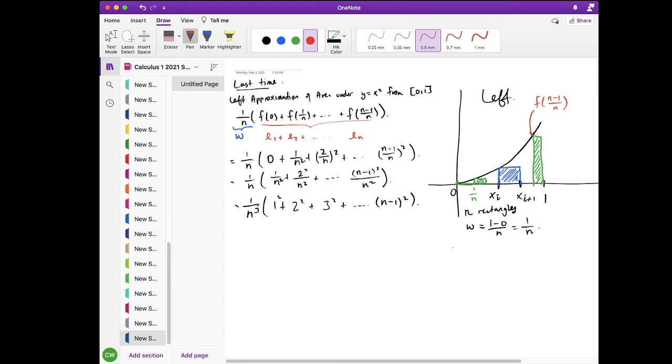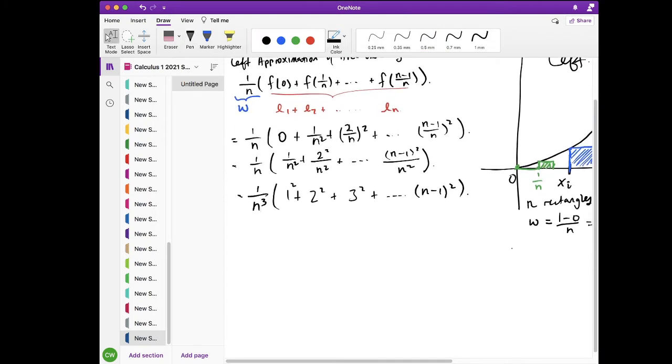So we got to this point where, after simplifying, when you plug in 1 over n, you get 1 over n squared. When you plug in 2 over n, you get 2 over n squared, etc. So all these terms have a 1 over n squared common factor, and then we get the sum of squares.